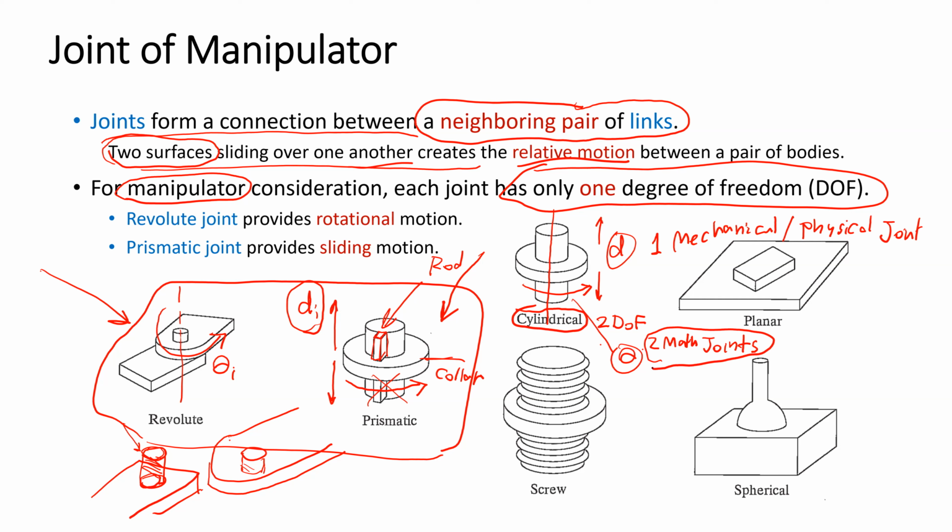So the cylindrical joint consists of 1 revolute joint and 1 prismatic joint, 1 rotational and 1 sliding. We cannot combine it.